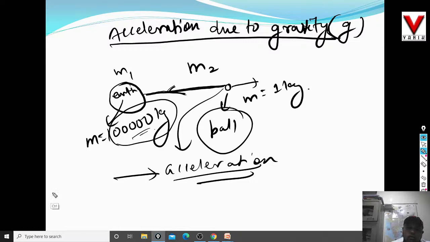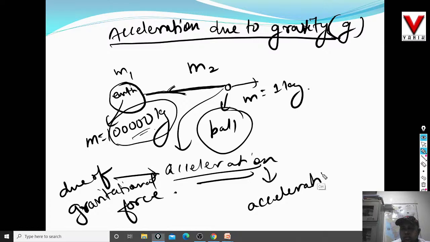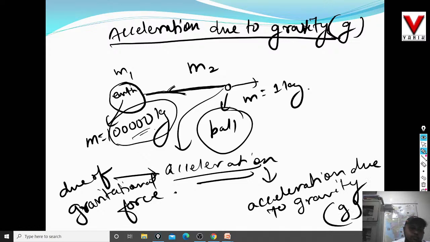This acceleration is caused due to gravitational force. This acceleration is known as acceleration due to gravity, because it has been caused by gravitational force, and it is denoted by small g. I think this is clear.